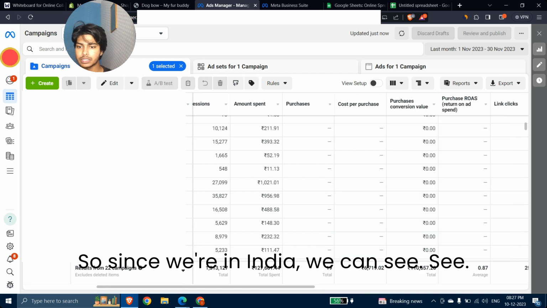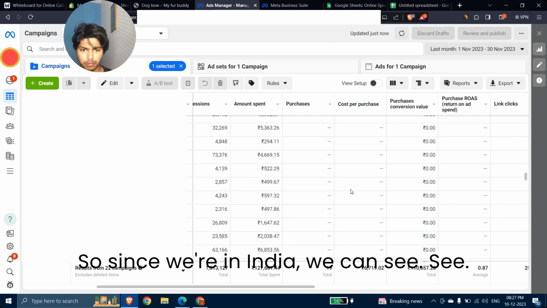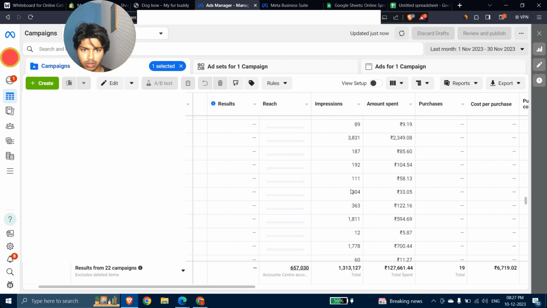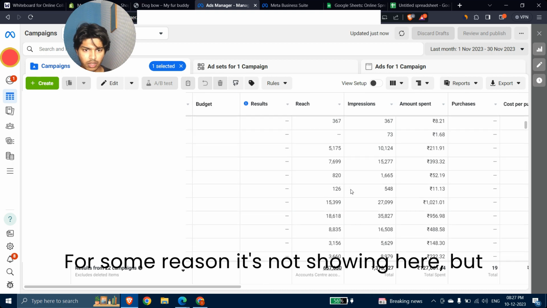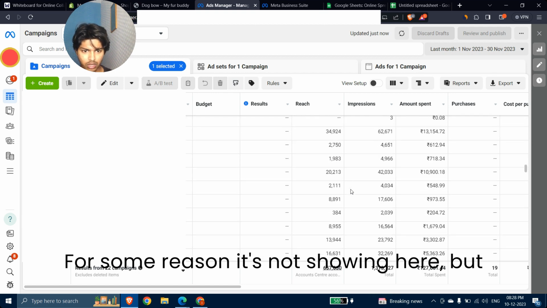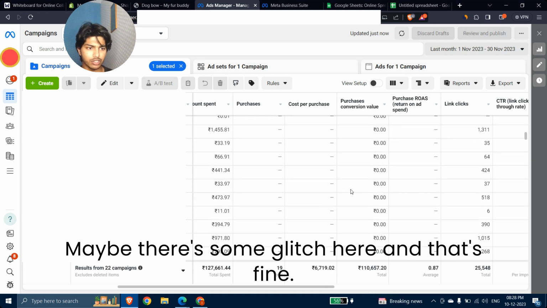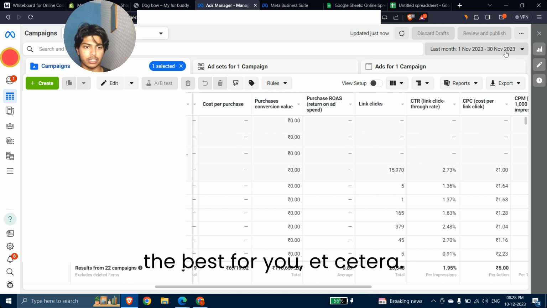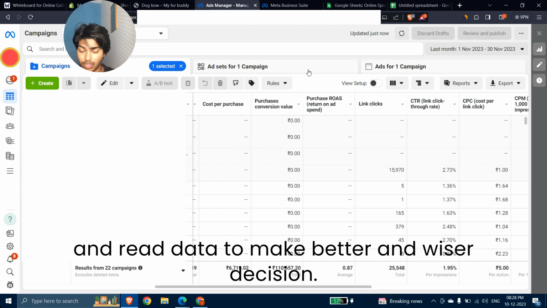So since we're in India, we can see, okay, for some reason it's not showing here, but otherwise you are able to see it. Maybe there's some glitch here, and that's fine, right? But you can see which region performs the best for you, etc. So this is how you do analysis and breakdown, and read data to make better and wiser decisions.